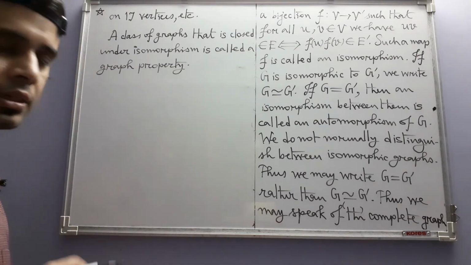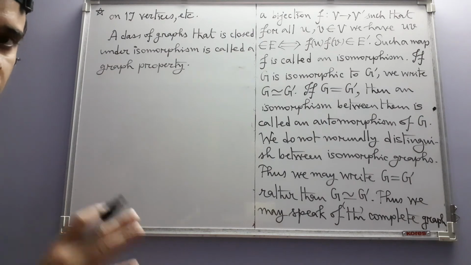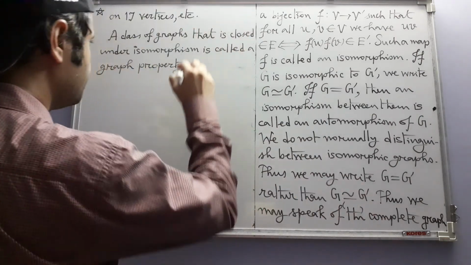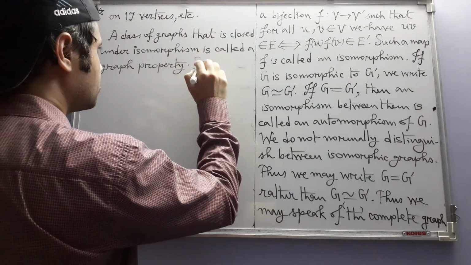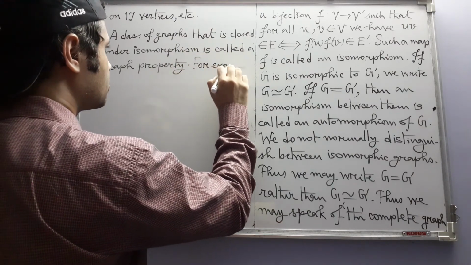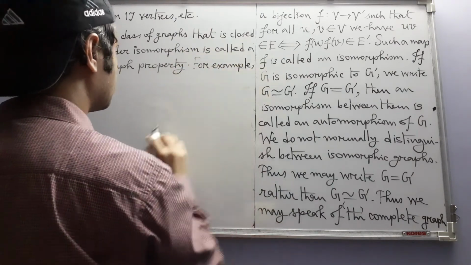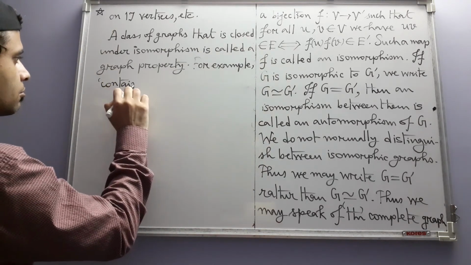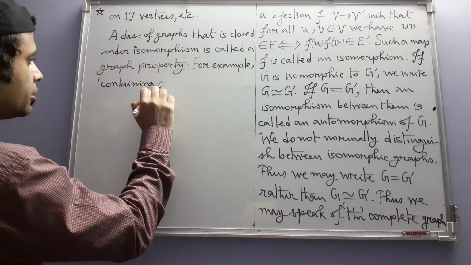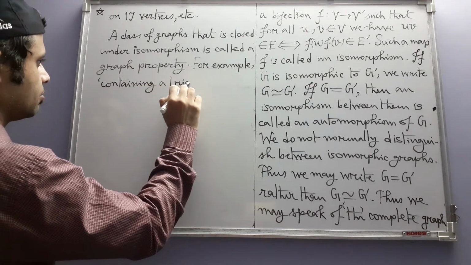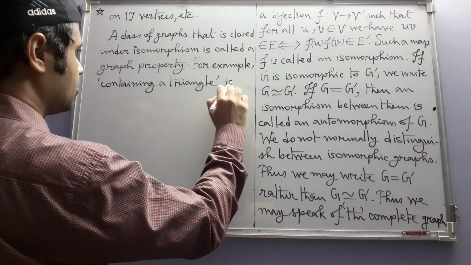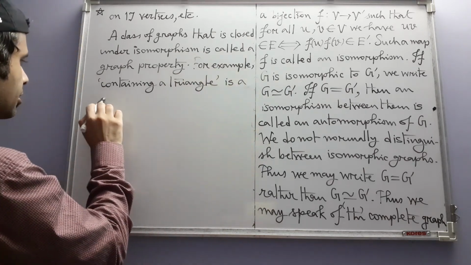So that class collectively represents that property. For example, containing a triangle is a graph property.